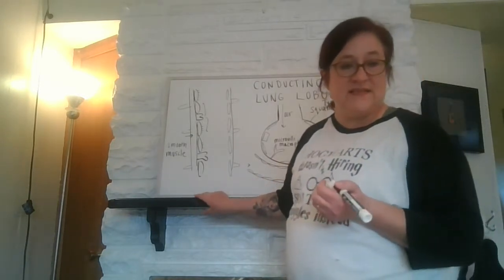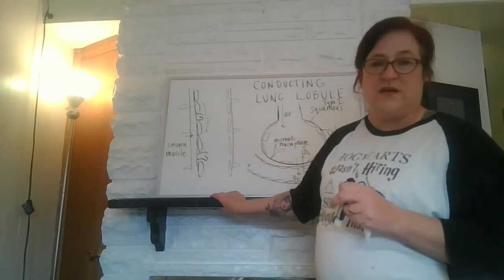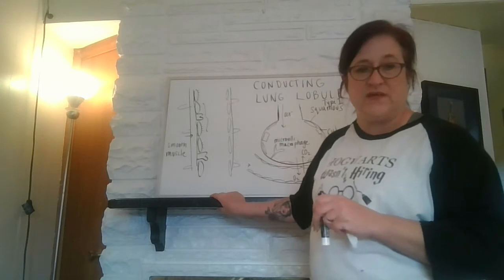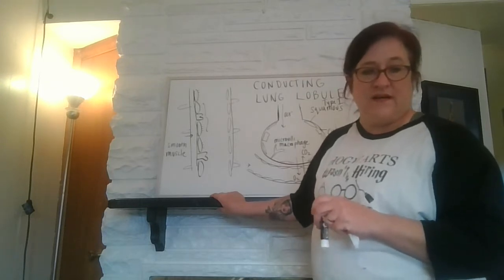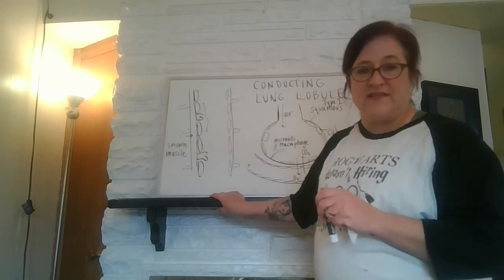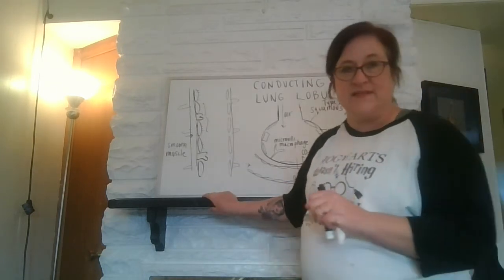So, and then there's a slide picture at slide number 7 that shows an electron microscope view of the conducting airways with the cilia, the submucosal connective tissue, and the mucus secreting glands that help to protect the airways.